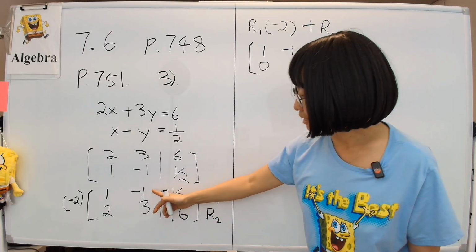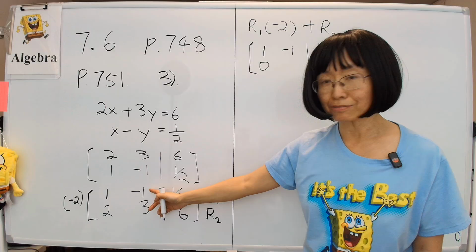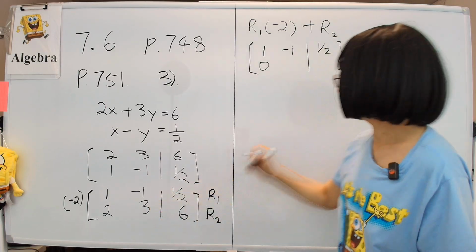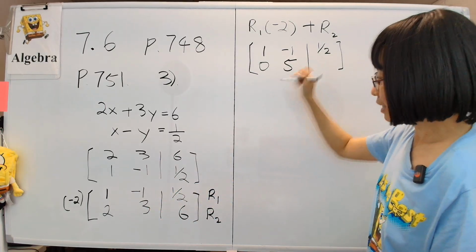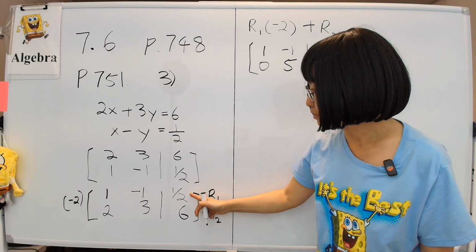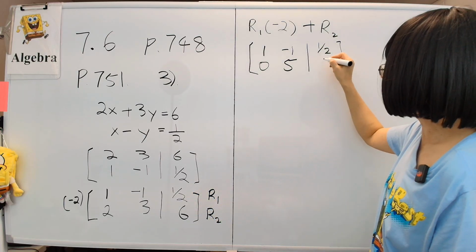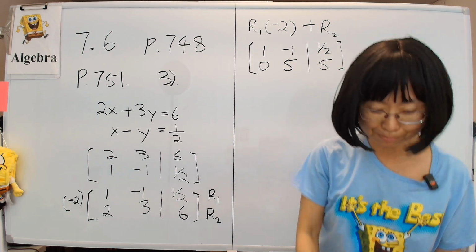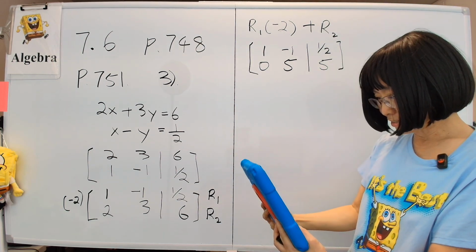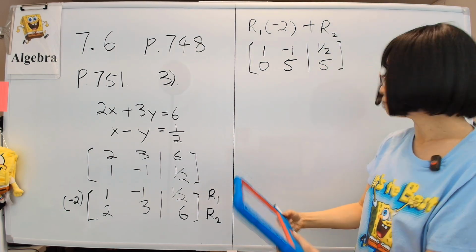Next, this entry has to be multiplied by minus 2. That gives 2, and plus 3, that's 5. Next, this times minus 2 becomes minus 1, and plus 6, that's positive 5, right? I better check to make sure I didn't mess up. Yeah, so far I'm okay.